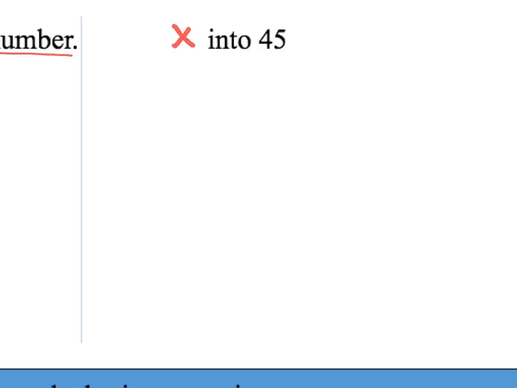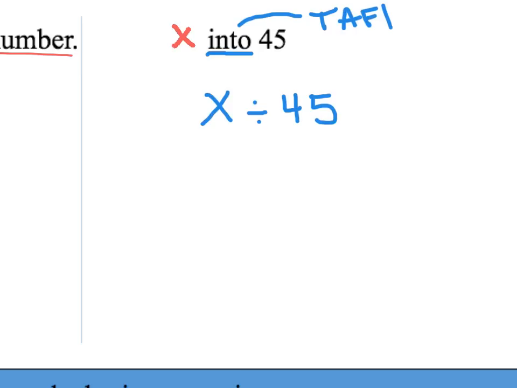What I'm going to do is I'm going to underline the word into. And into means to divide. So we're going to write our problem as x divided by 45. But notice into is a taffy word. So we're going to have to make sure we flip the order of the numbers. So this is the incorrect answer.